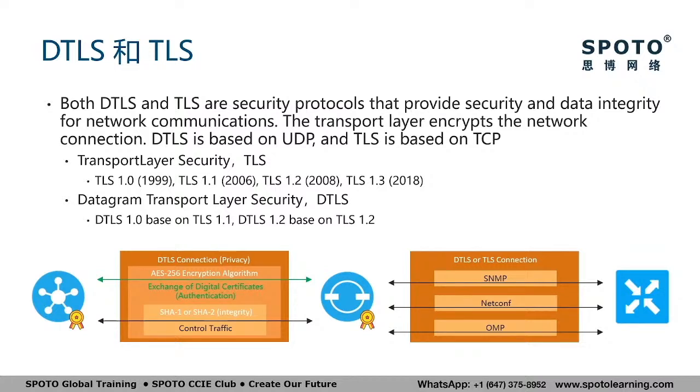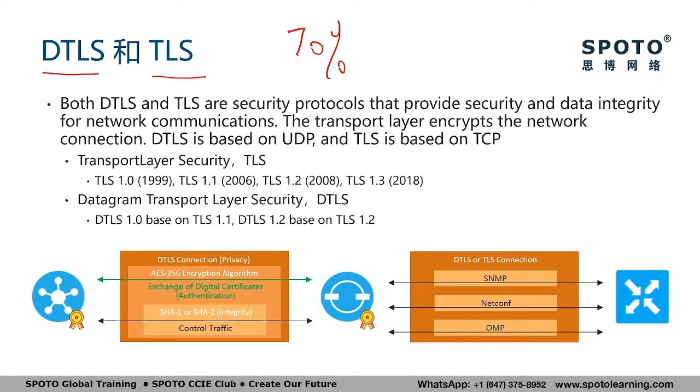The default encryption methods are DTLS and TLS. Both of them are security protocols that provide security and data integrity for network communications. What are the differences between DTLS and TLS? Actually, more than 70% of them are the same.